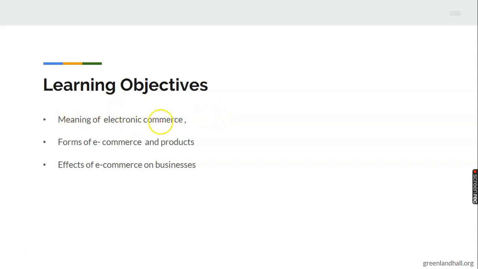The learning objectives include: 1, you should be able to give the meaning of e-commerce or electronic commerce. 2, mention the various forms of e-commerce and its products. Then 3, state the effects of e-commerce on businesses.